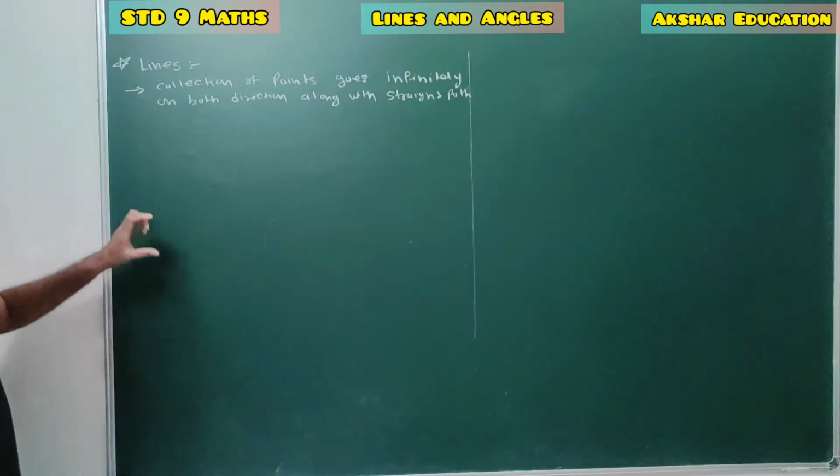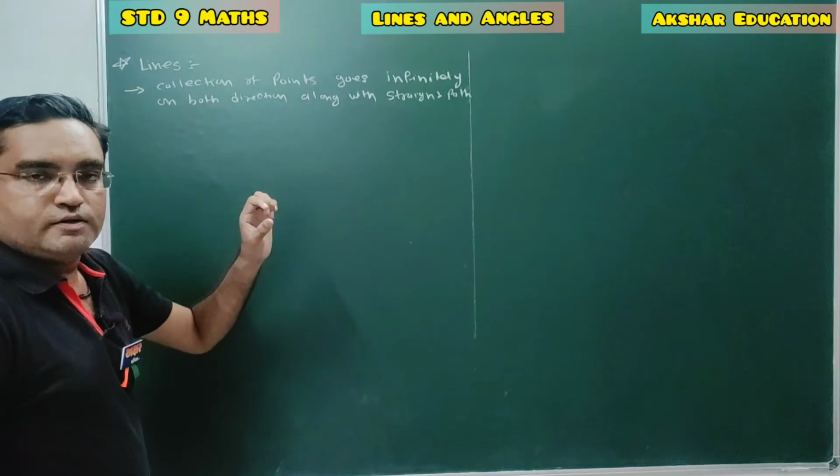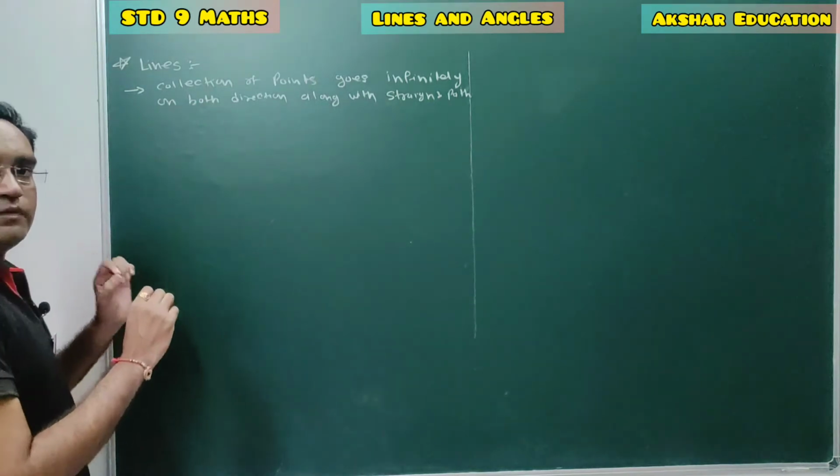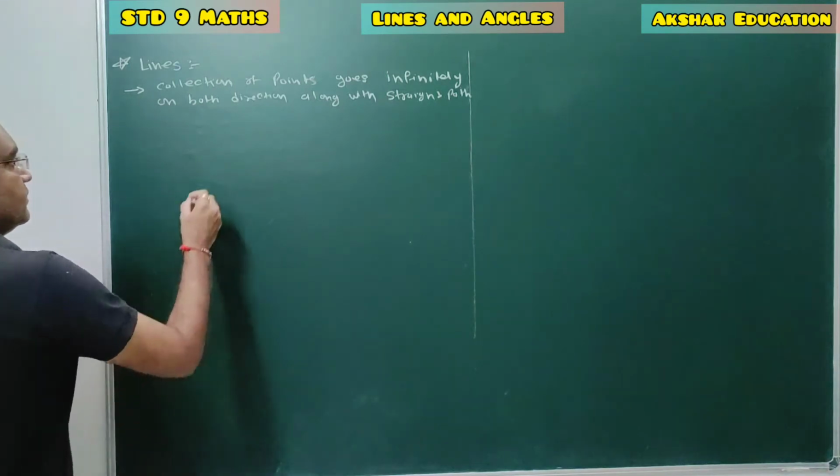So the definition of line is: it's a collection of points which goes infinitely on both directions along with the straight path.